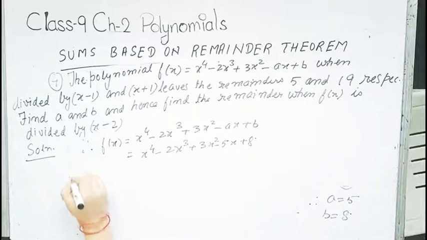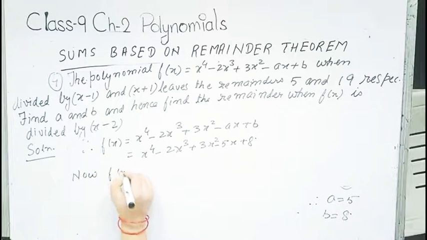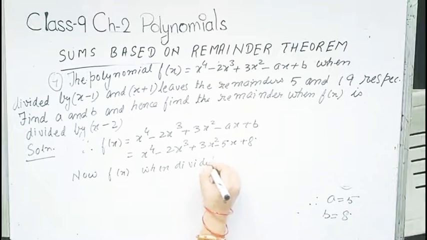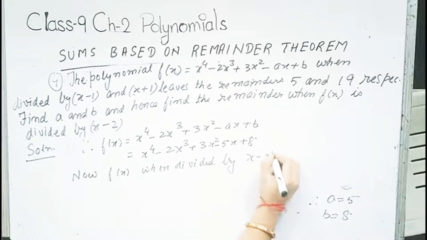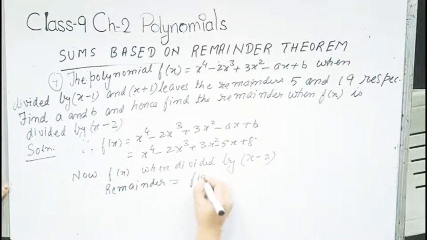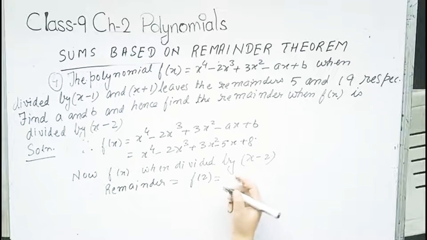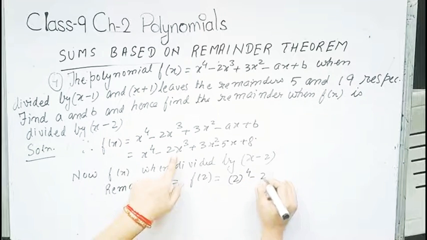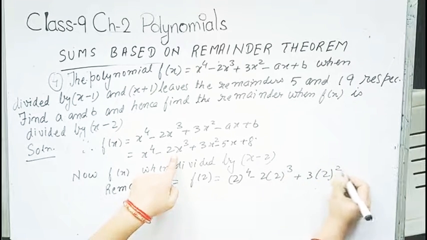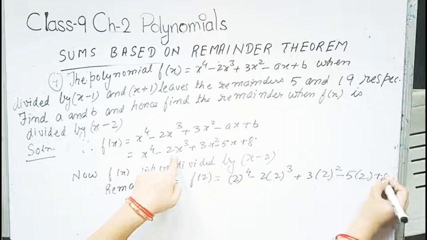Therefore, f(x) when divided by x minus 2, the remainder equals f(2). Now f(2) equals, let us put 2 in place of x. So we will be writing 2 power 4 minus 2 into 2 cube plus 3 into 2 square minus 5 into 2 plus 8.